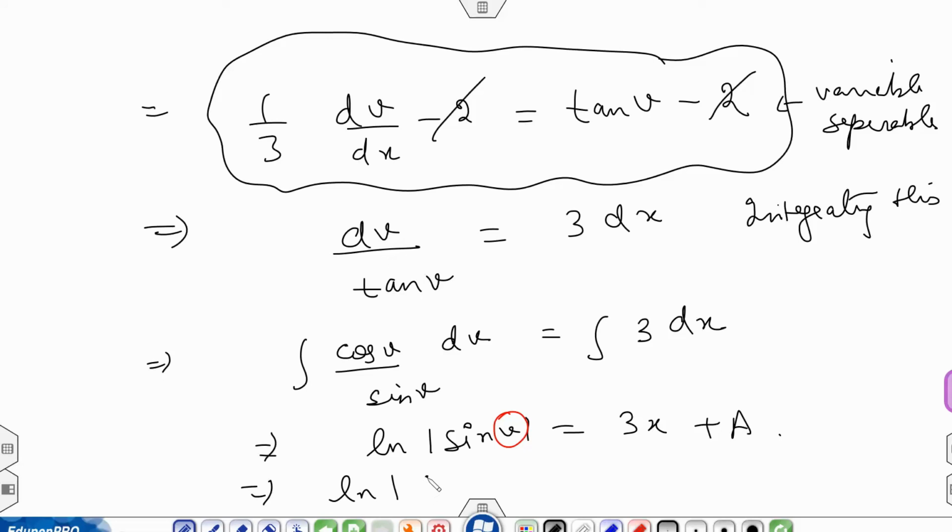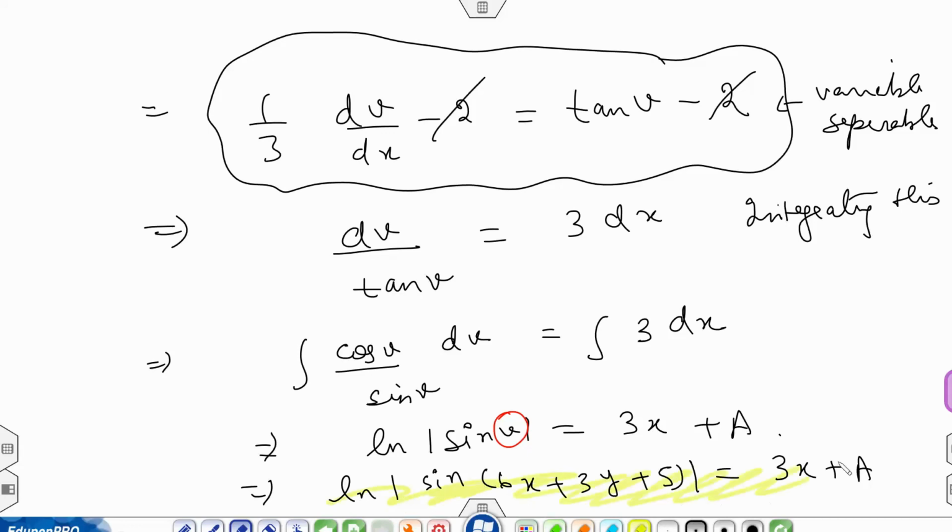So this will be sine of 6x plus 3y plus 5 is equal to 3x plus a. This is our solution for the differential equation which we have discussed right now.